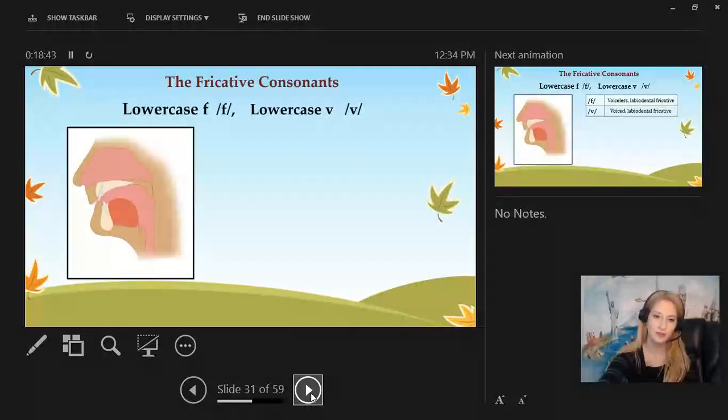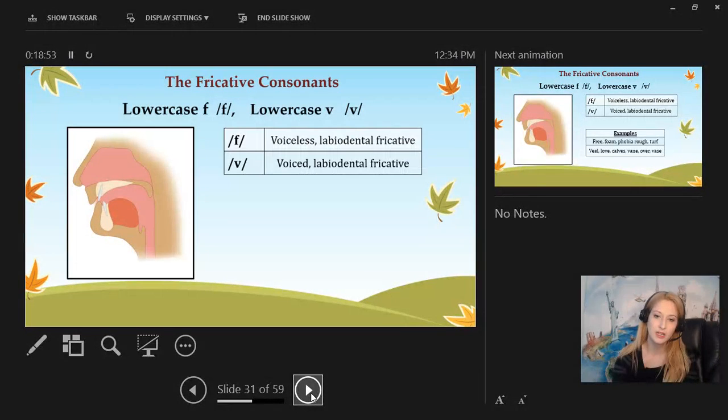So our first set of fricative consonants are the lowercase f and the lowercase v. These are both labiodental fricatives. The difference is that the f is voiceless and the v is voiced.